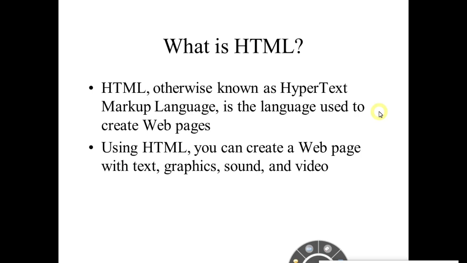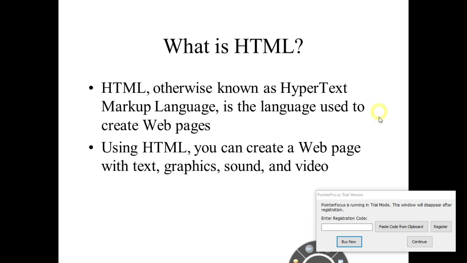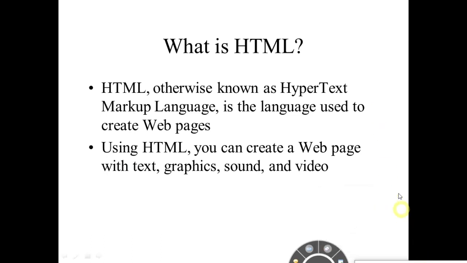So HTML is a programming language. It is used to create websites. Using HTML programming statements, in HTML we call them HTML tags. Using HTML tags we can create simple web pages.